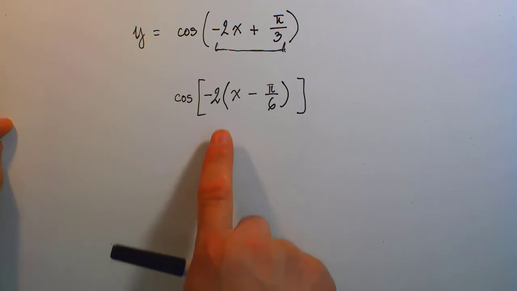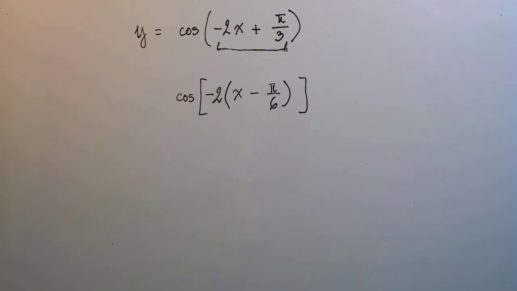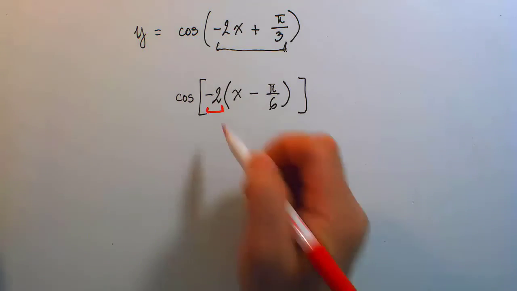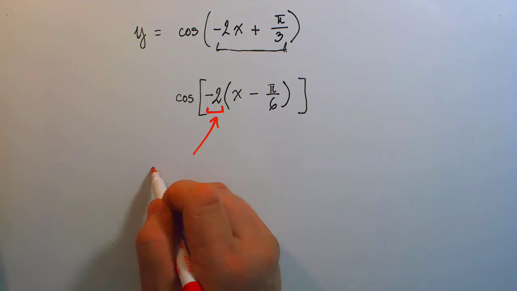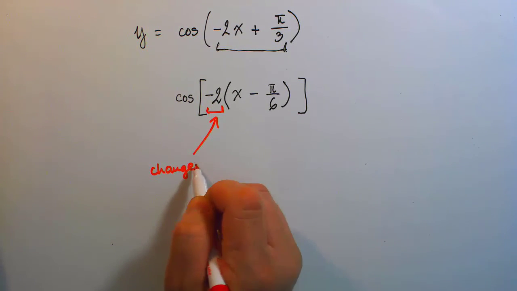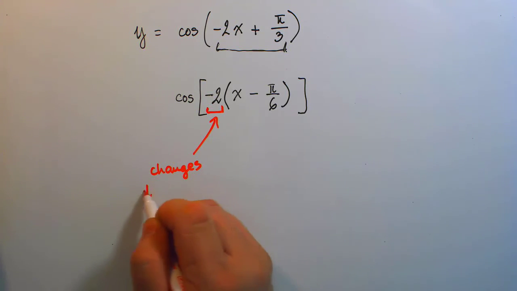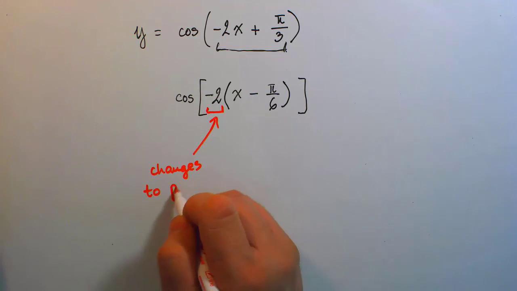Now this enables me to identify that this -2 with the negative sign is going to cause changes to the period.